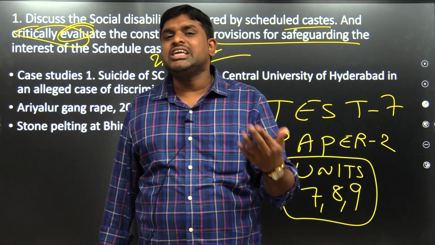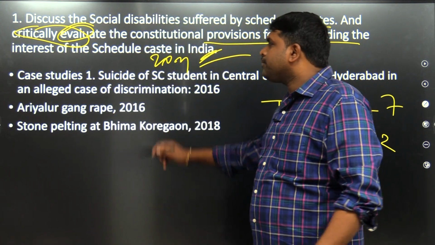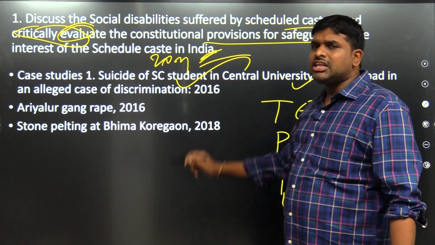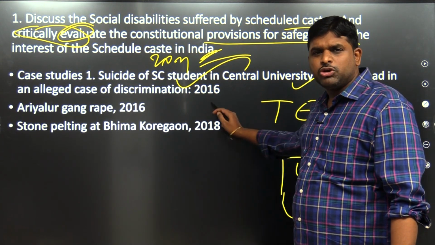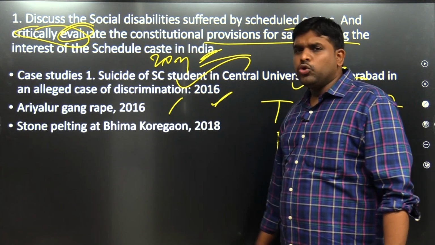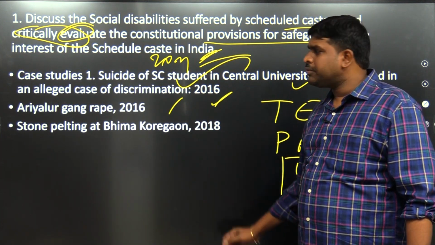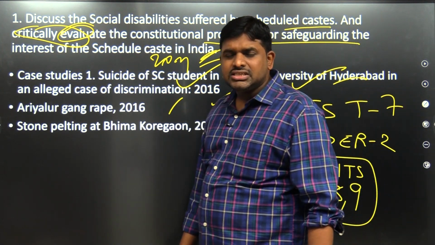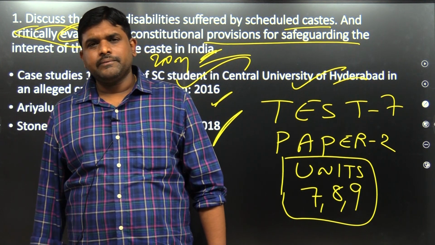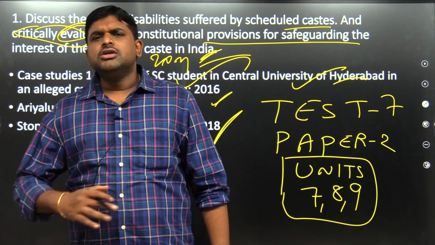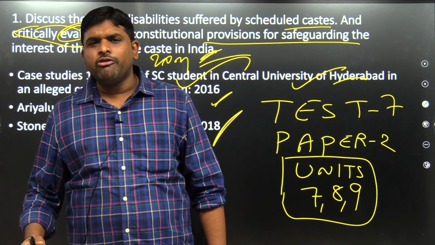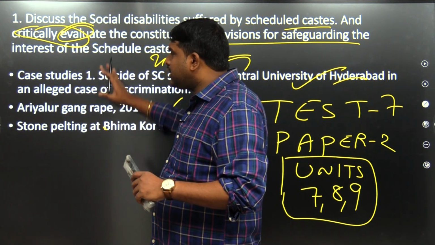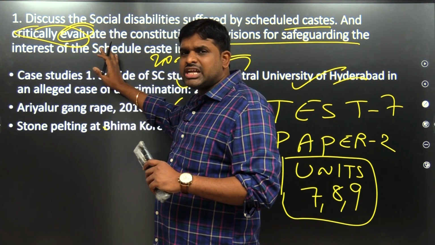Because today also we are seeing case studies like the suicide of a Dalit student in the Central University of Hyderabad in 2016 in an alleged case of discrimination, the Ariyalur gang rape which became a national issue, stone pelting at Bhima Koregaon in 2016, the Hathras incident, the Unnao tragedy, the Badaun incident, and the Tsundur massacre of Tenali in Andhra Pradesh. From these case studies, I am telling you that these constitutional provisions are insufficient.